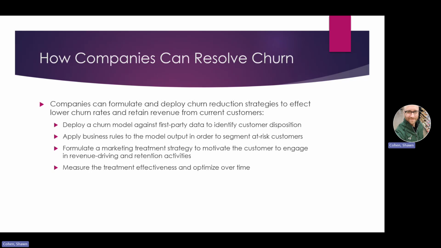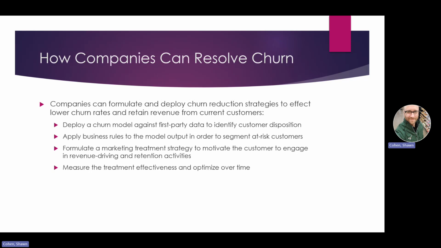So, what can companies do to resolve churn? First of all, we start with our first party data and run a churn model against it to identify the factors and attributes of the customer that are leading up to them churning. Once we have that output, we can apply business rules to it, because there could be customers in certain segments, like large customers or small customers, and the way that we apply our business rules to them could be different.